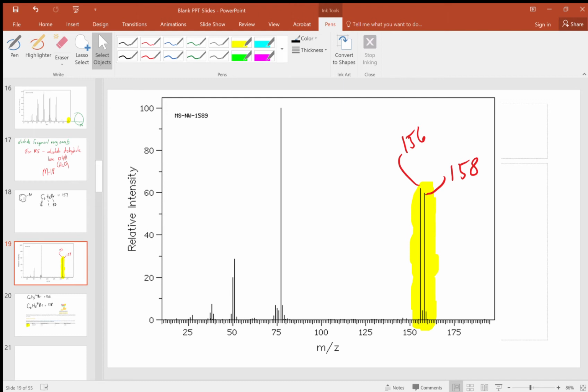So halogens are often one of the tougher groups to find in spectroscopy because most of the common techniques that we use aren't going to point out a halogen to us. There's just no way for that halogen to appear. So mass spec, it turns out, is probably the easiest way to see a halogen.